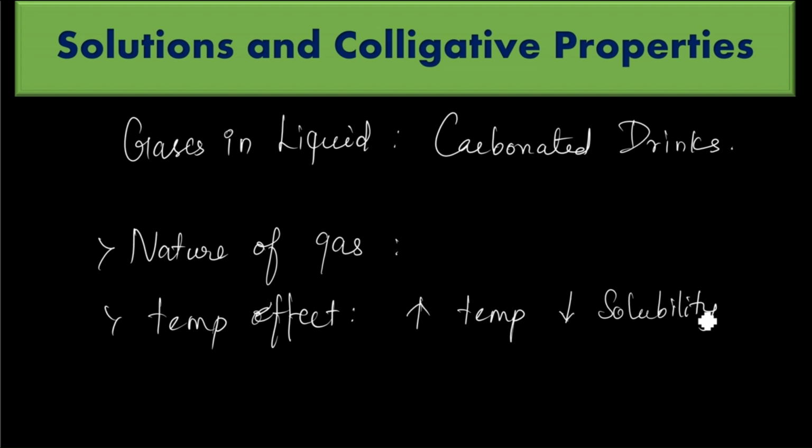Why? Because in most cases of gases in liquid, these are exothermic processes which release heat. This is why warm soda goes flat faster than cold soda. The dissolved carbon dioxide escapes more easily at higher temperatures.